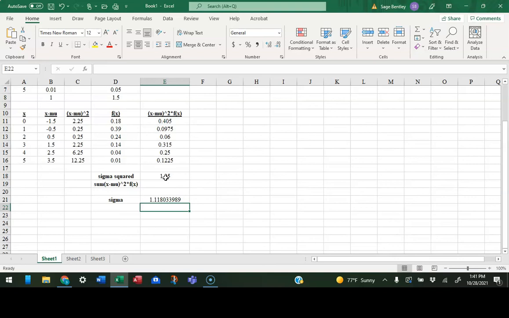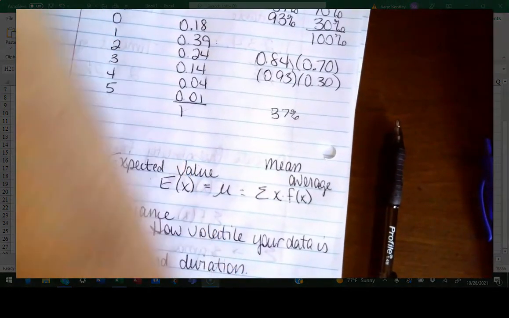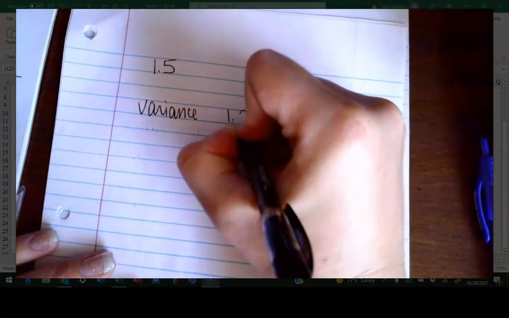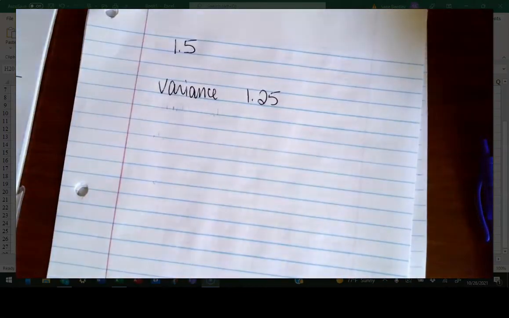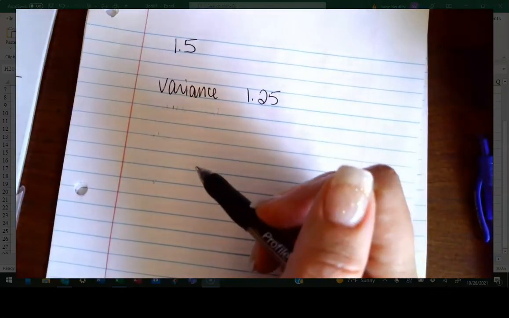So let's come back over here for a second. Standard deviation, we just found out that my expected value was 1.5 cars. I found out that the variance was 1.25, which again, I don't have a label for. It doesn't have meaning. It doesn't have context.